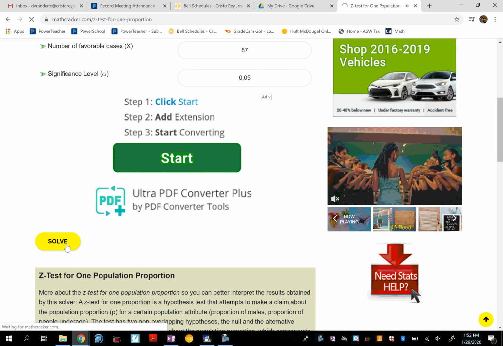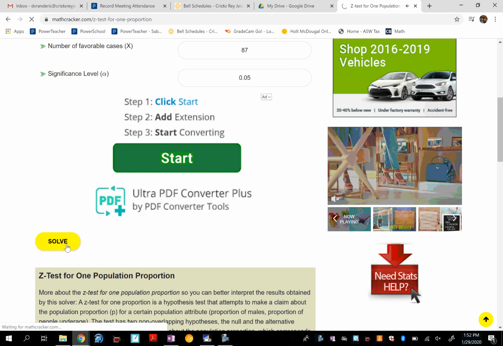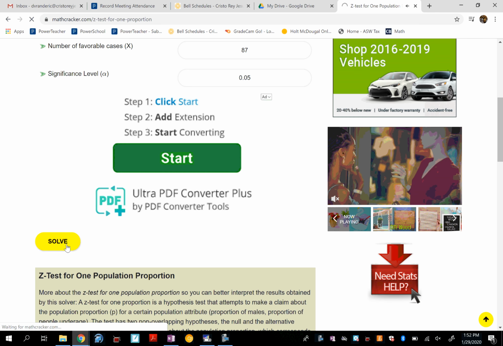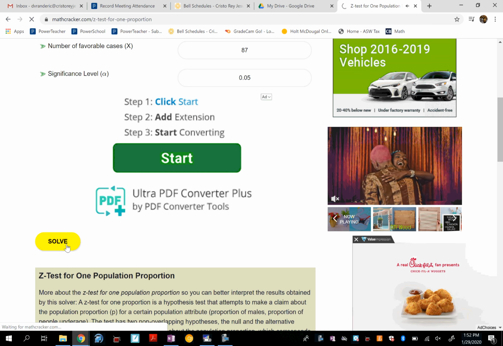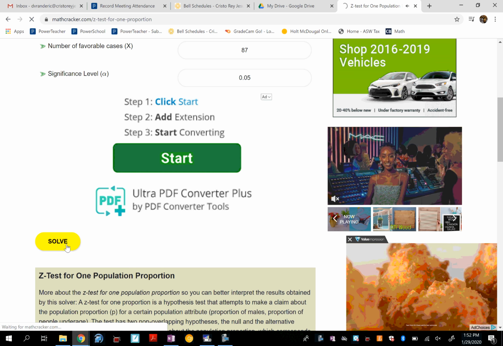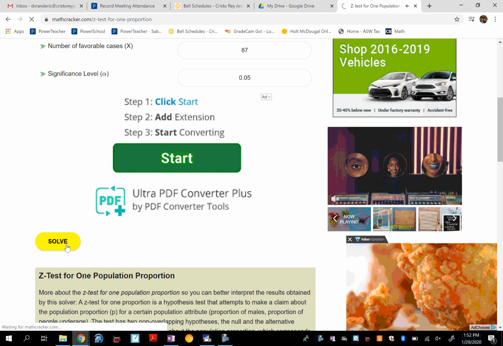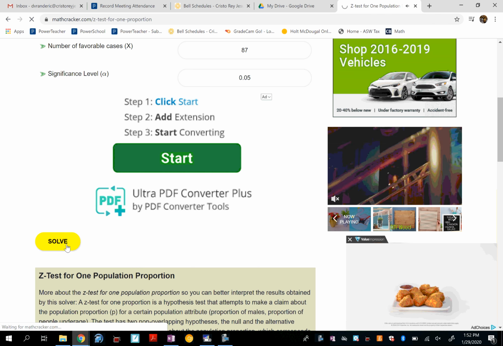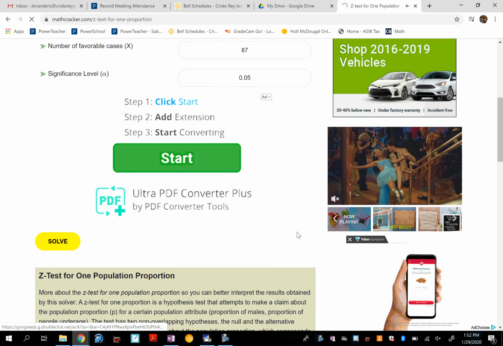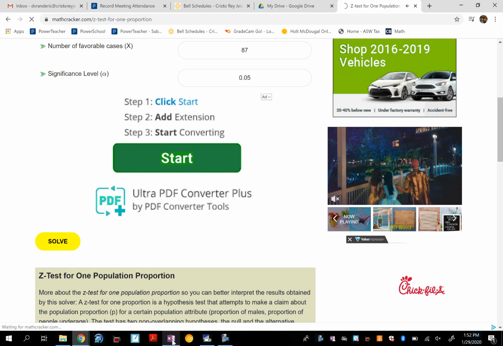It's waiting. Oh man, I was so excited. That's sad, but the ads are still going, so that's good. Ooh, Chick-fil-A ad. Nice. Chicken's delicious.